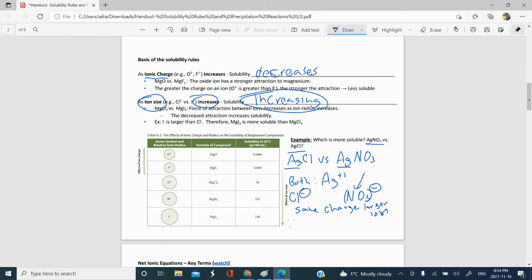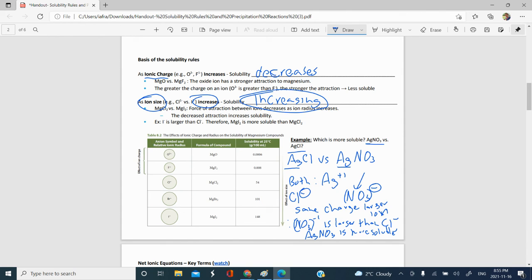So since NO3 minus is larger than Cl minus, AgNO3 is more soluble.